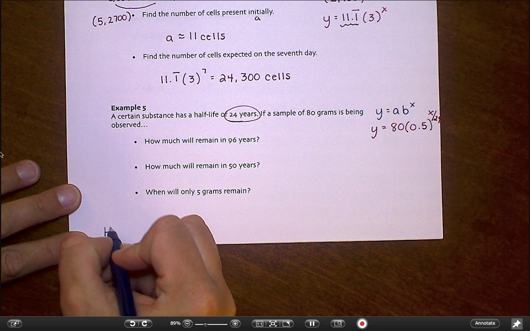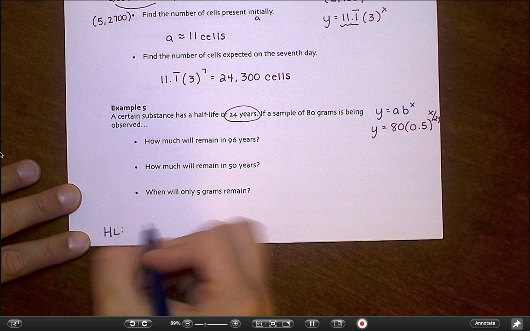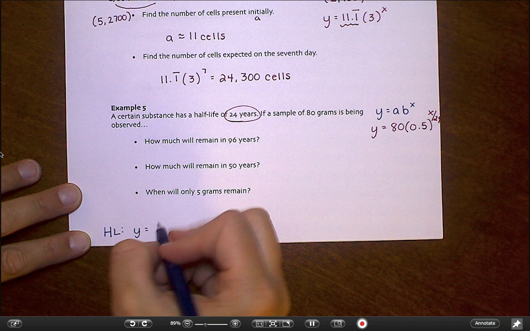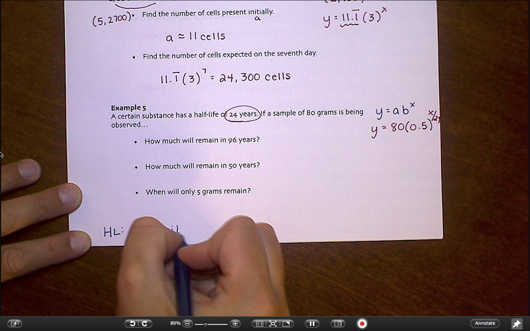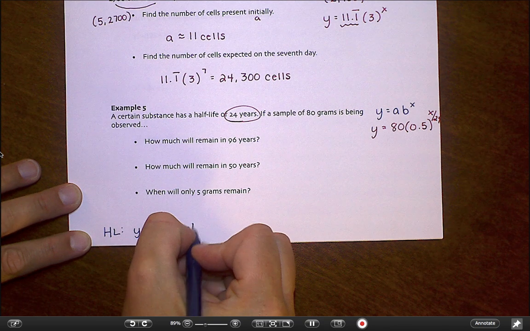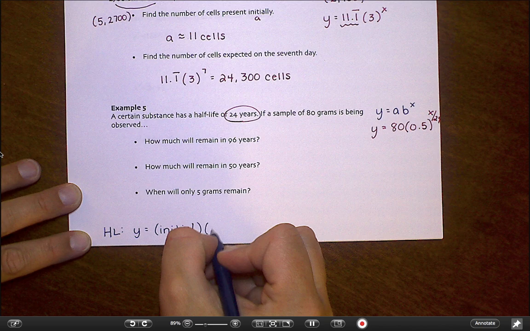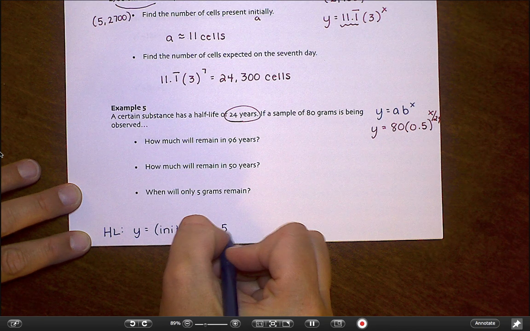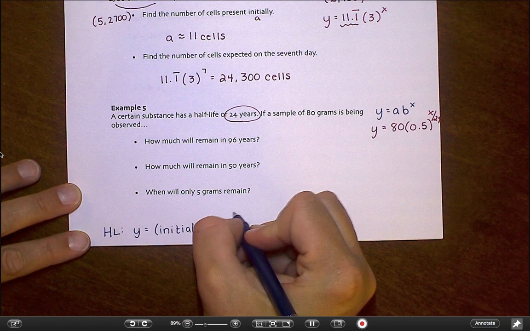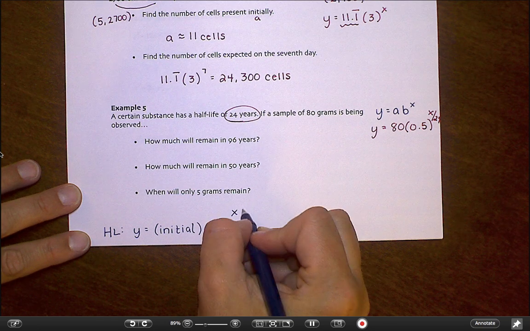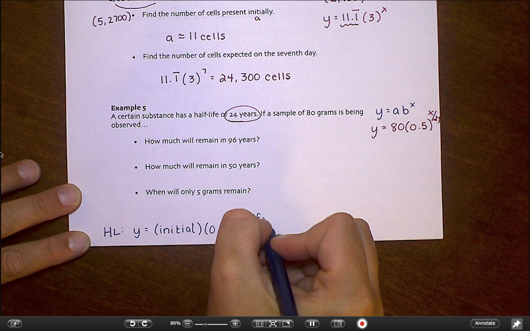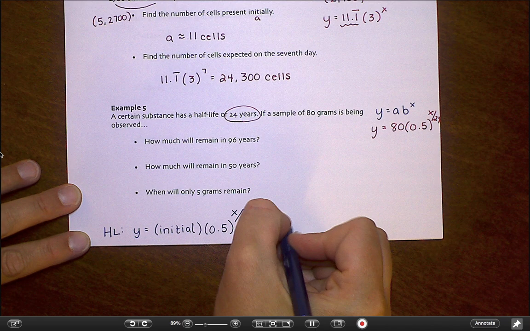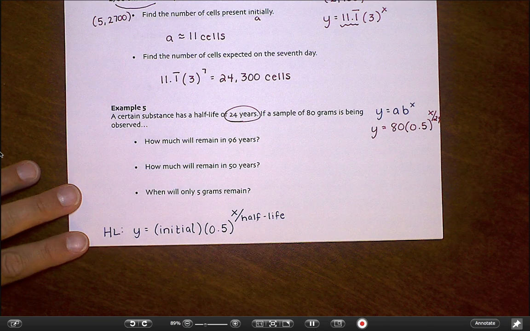Anytime you're writing an equation for half-life, it's going to look like this. Y equals the initial value, which we know is A, times your B value of 0.5. And then up in the exponent, instead of just having an X, you're going to have X divided by whatever the half-life is. Every single half-life problem is going to take on that form.